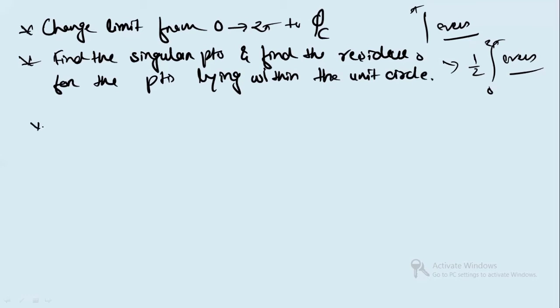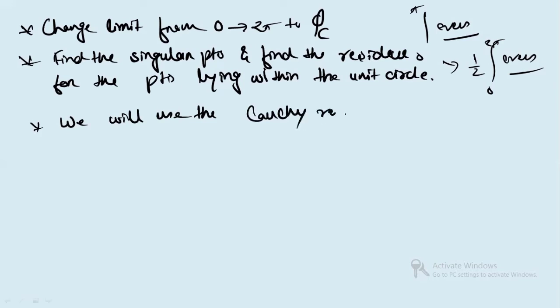And lastly, you will use the Cauchy residue theorem. At the end, you will use Cauchy's integral theorem, which is I equals 2 pi i times the sum of residues.